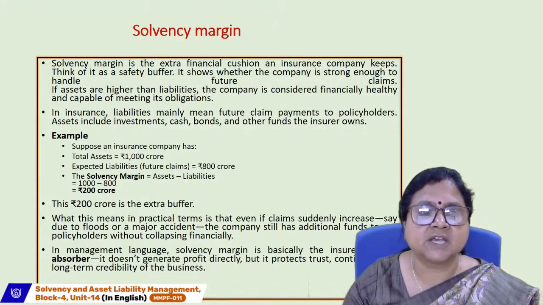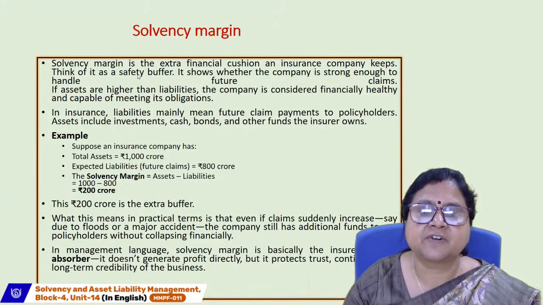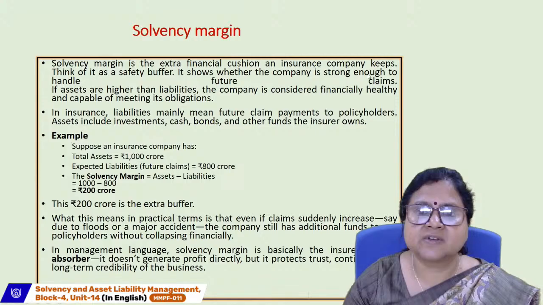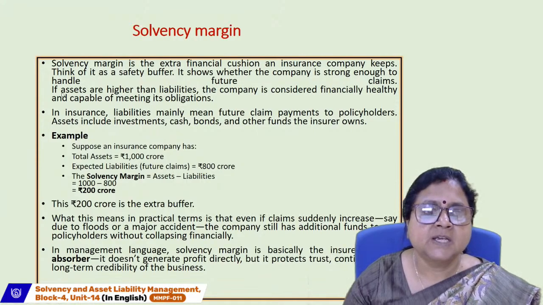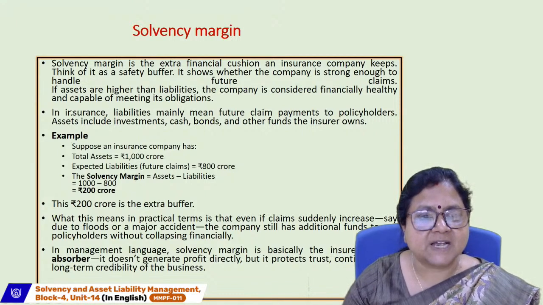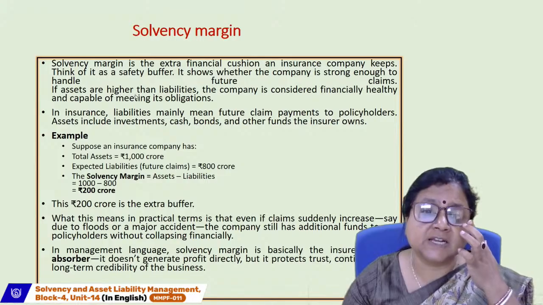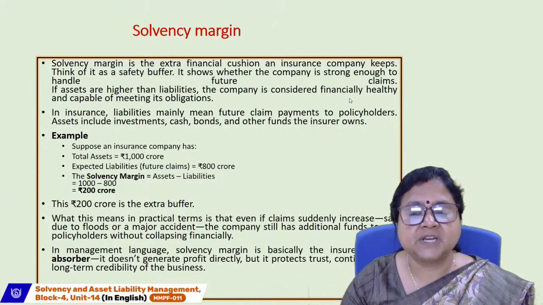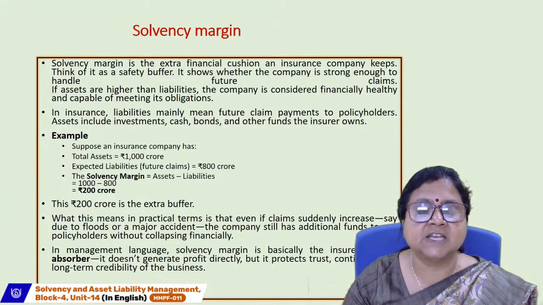So you can say that this is a safety buffer. It shows whether the company is strong enough to handle the future claims that are coming. If assets are higher than liabilities, then the company is considered financially healthy and capable of meeting its obligations.